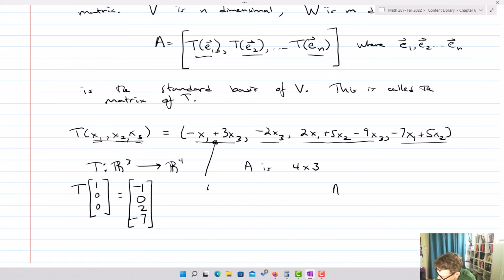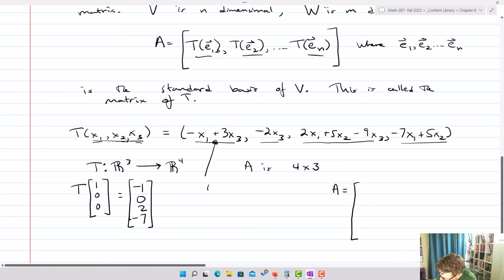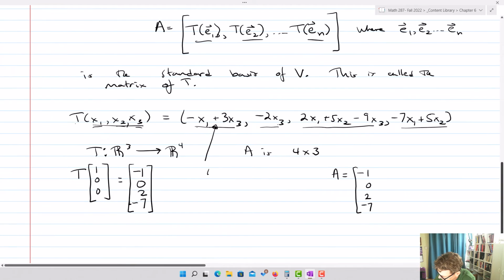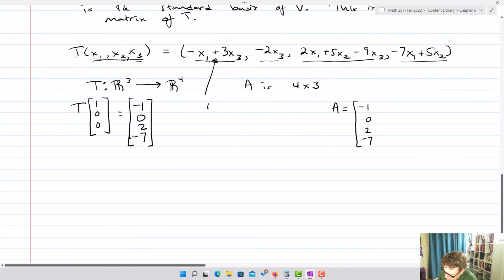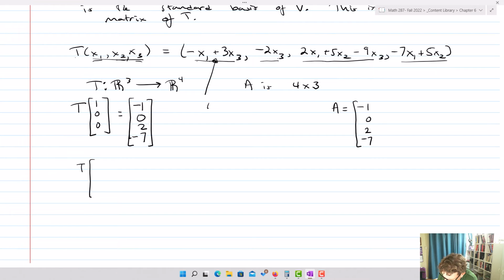So that ends up becoming the first column of A. If I'm generating A, it's going to look like this first: negative 1, 0, 2, negative 7. That's our first column. Now our second column, we've got T of 0, 1, 0.